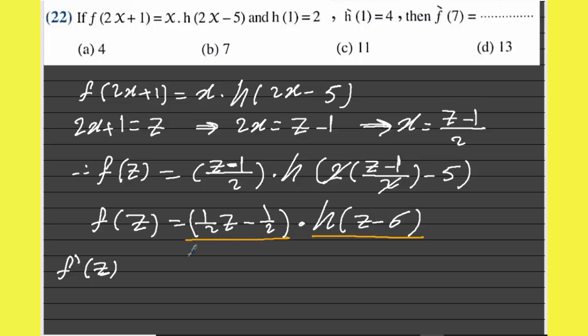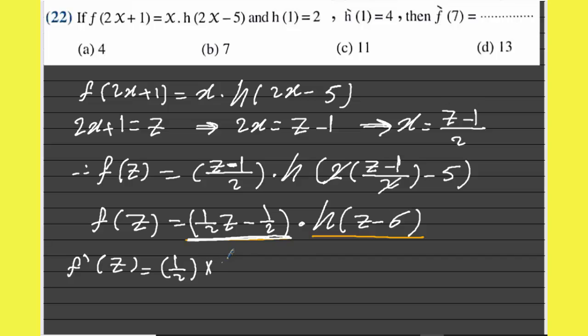The derivative of the first, half z minus half, with respect to z is half.